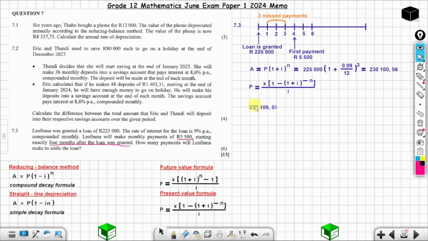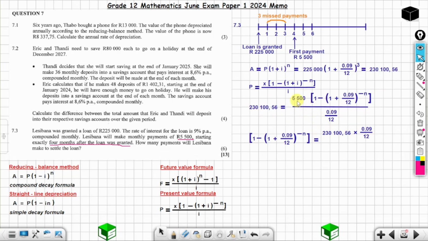This is P equal to, you plug in everything that you have. We need to find N, so we need to have this on its own. You are going to have this at the top and this at the bottom. So you have this alone is equal to this times this.